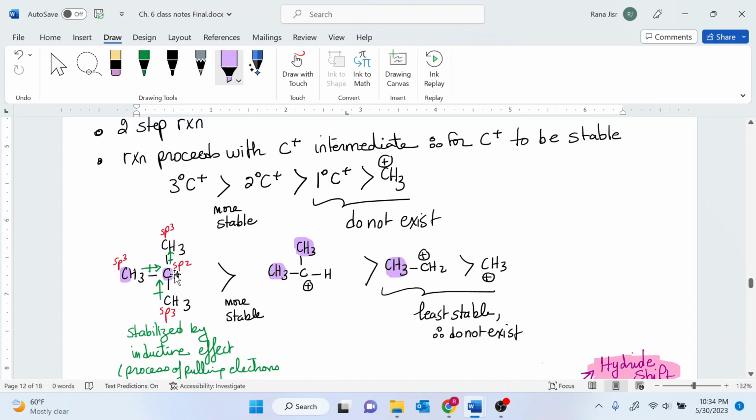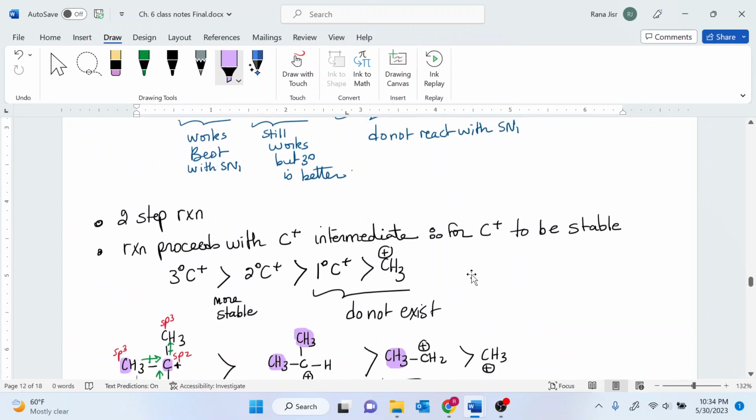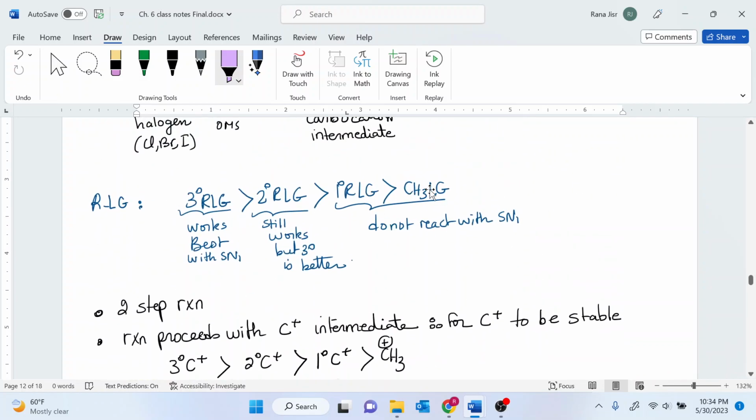And again, it is stable because I'm distributing the charge, and the charge is not just focused on the central carbon. Primary carbocations and methyl carbocations are completely unstable, so they do not exist. You cannot make them. So this is why you cannot start from a primary alkyl halide or a methyl halide.